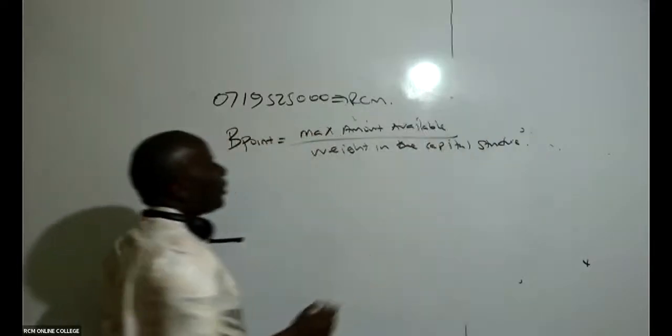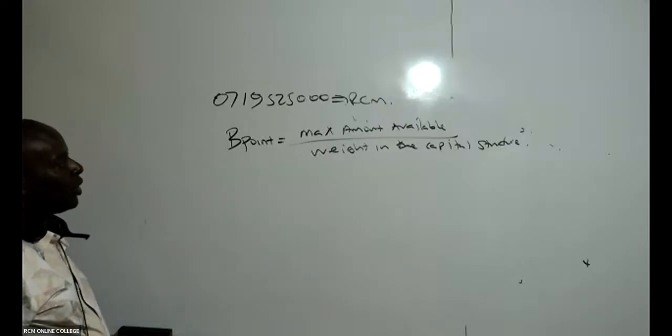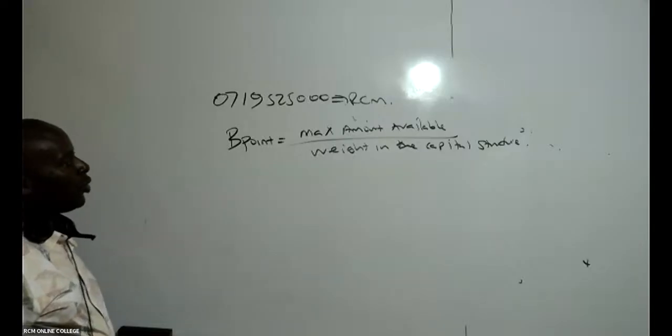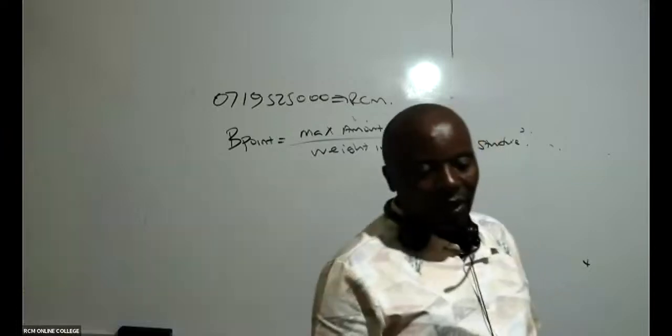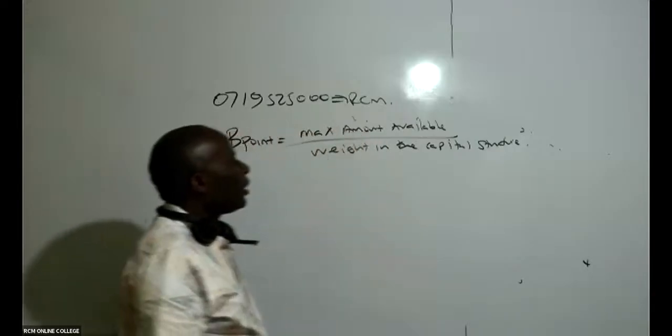This is a very important formula that I want you to write down: maximum amount available divided by weight in the capital structure.